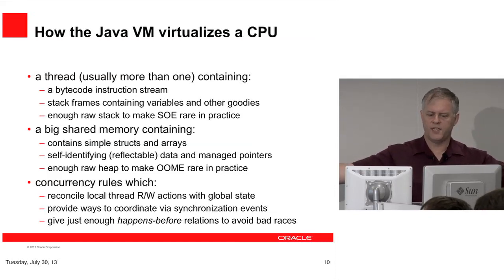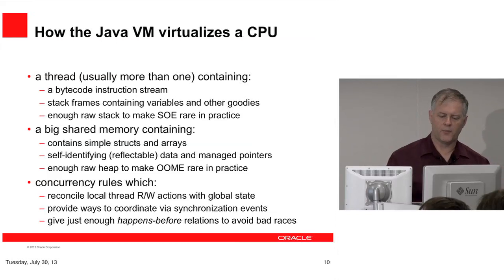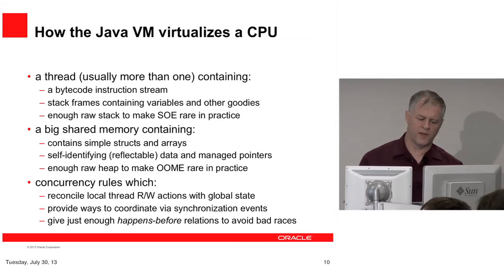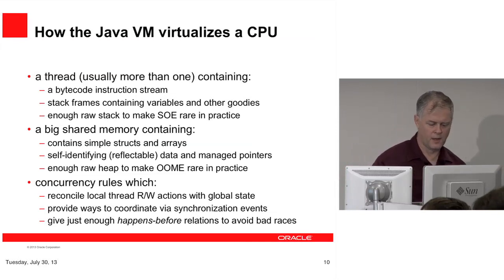You of course have just DRAM chips somewhere, but Java virtualizes that with the help of the operating system and so forth to a big managed heap with lots of managed stuff. And the arrays here are sort of the almost right part about doing array-based data parallel programming. Again, there's enough of it to make the errors rare in practice of resource exhaustion.